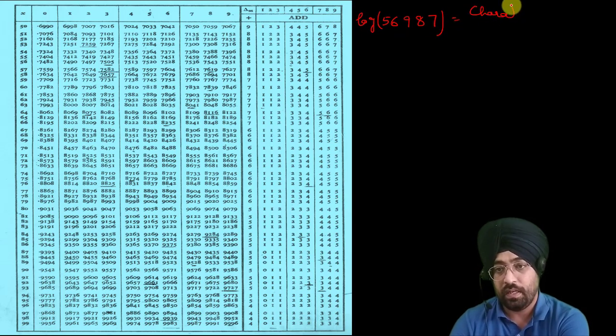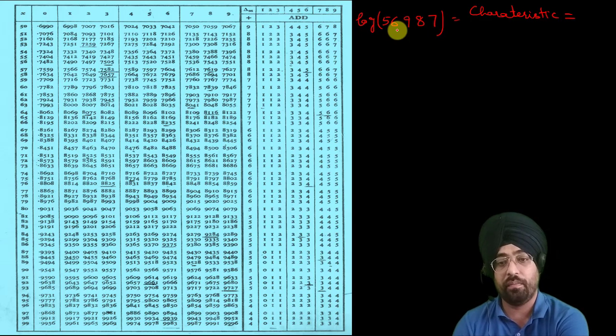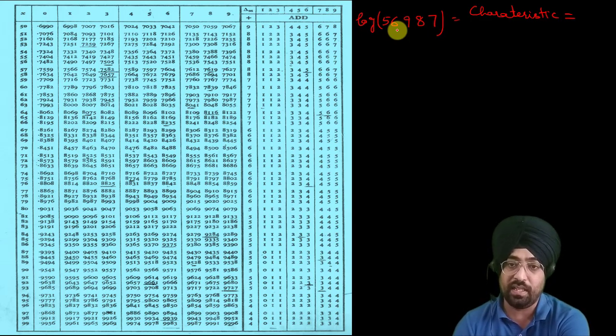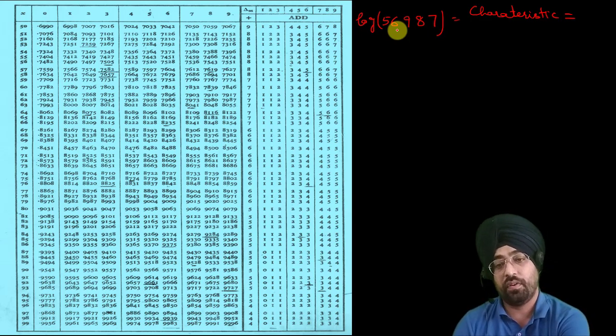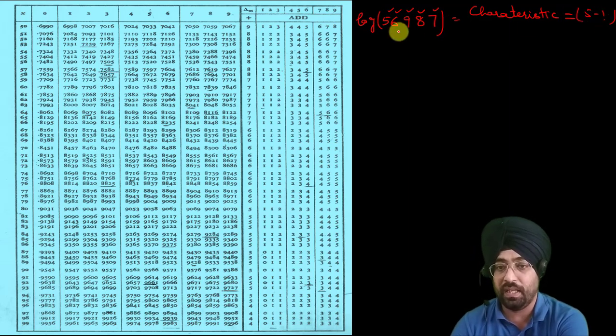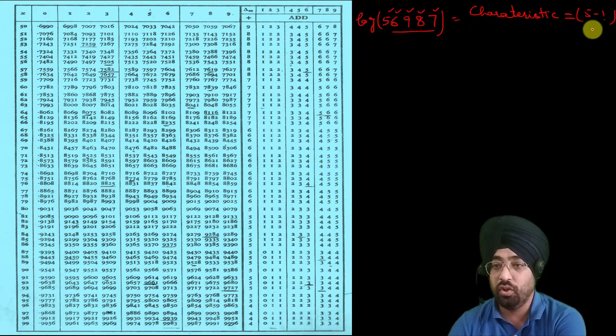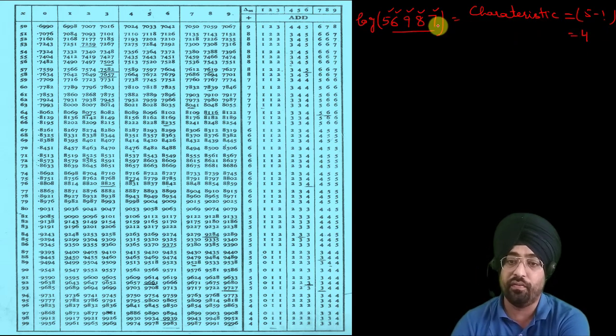This number is greater than 1, so we again use the rule that if the number is greater than 1, the characteristic is 1 less than the number of digits. How many digits are there in this number? 1, 2, 3, 4, 5. So its characteristic is 5 minus 1. This rule is only applicable when the number whose log we have to find is greater than 1. So it becomes 4.